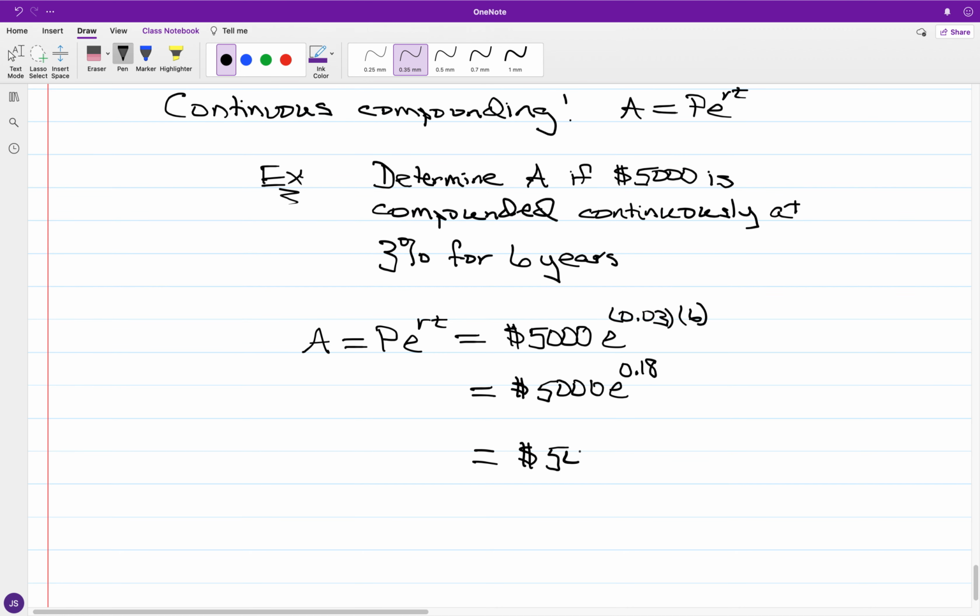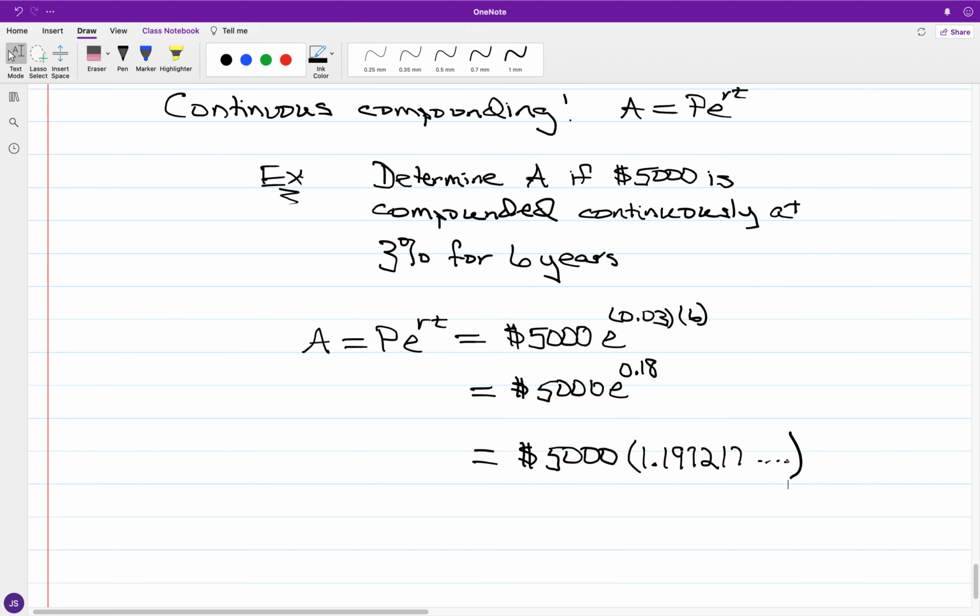Now again, you might see this as a second function, like e to the x. Now for e to the 0.18, that number is also a little bit under 1.2. This would be about 1.1972, and some decimal places after this.